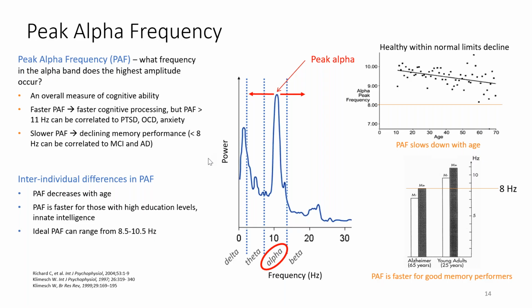Okay. On the other side of this, the speed spectrum for peak alpha, if it starts to get north of 11 hertz, 11.5, you see those people having some trouble with OCD and anxiety, particularly if their eyes closed alpha goes up and their eyes open alpha, say, is at 10, and they close their eyes and their peak alpha is like 12. We often see that in PTSD.